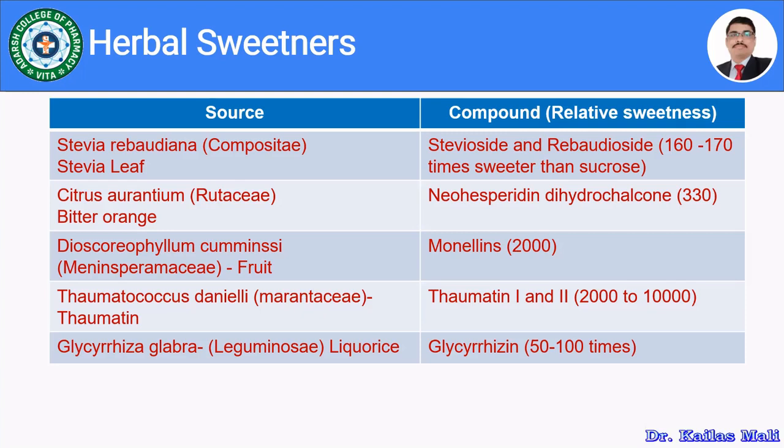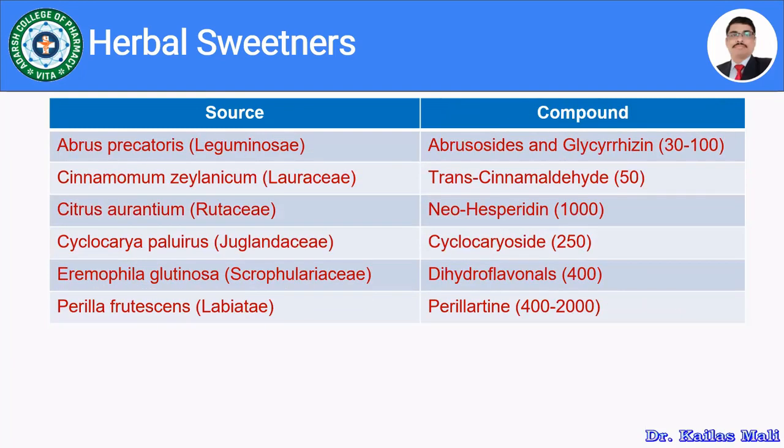Then thaumatin, obtained from Thaumatococcus daniellii, belonging to family Marantaceae, which comprises thaumatin 1 and thaumatin 2, approximately 2,000 to 10,000 times sweeter than sucrose. Then licorice, obtained from Glycyrrhiza glabra, belonging to family Leguminosae, which mainly comprises glycyrrhizin, approximately 50 to 100 times sweeter than sucrose.